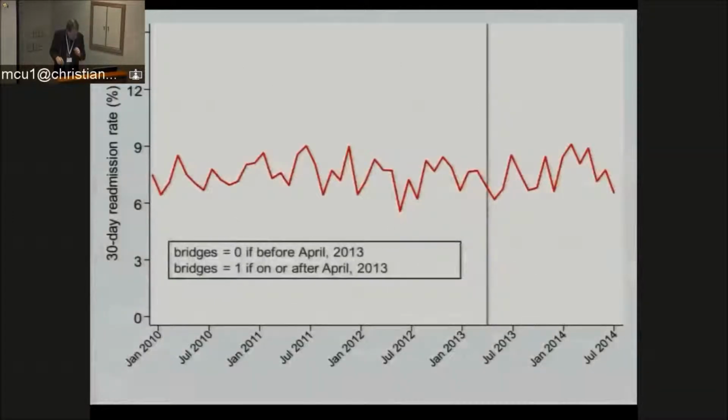I'm going to put in an indicator variable that is 0 before April of 2013 and 1 after. We're saying this is the start of our Bridges intervention, and we're going to see if the series changes after that intervention.